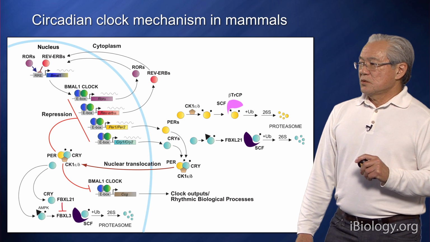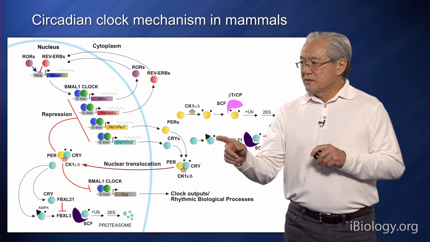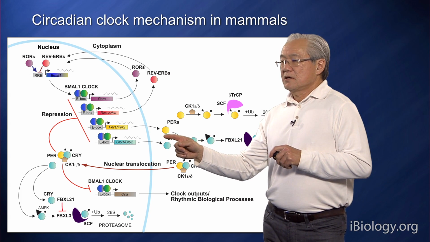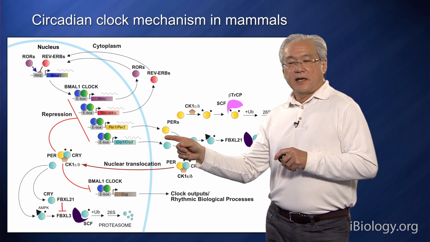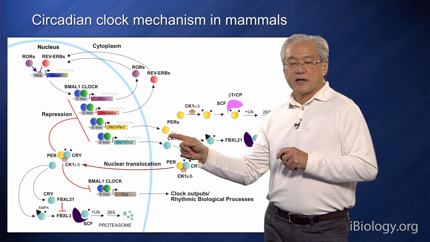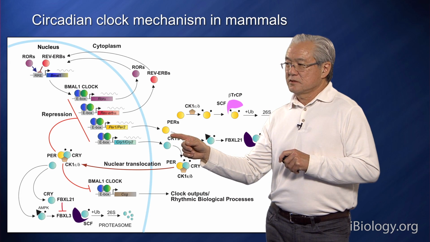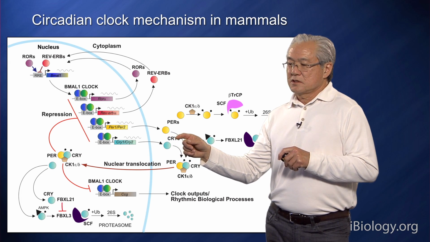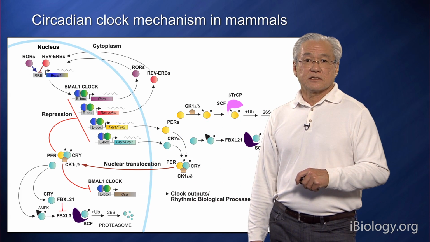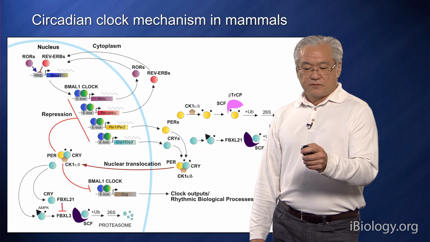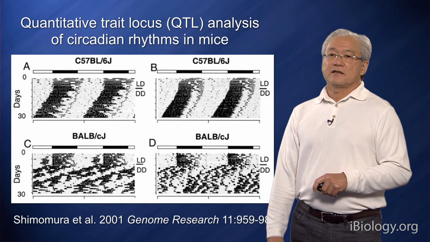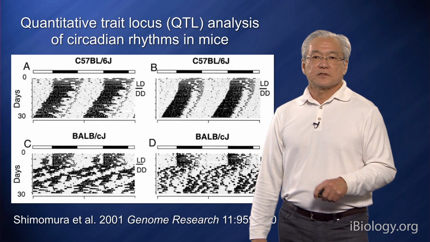Okay, so what I'd like to do now for the third example is to go back to the clock gene and to tell you about another kind of genetic interaction that we've discovered that involves a much more general background effect of mouse strains on the phenotype of circadian rhythms.